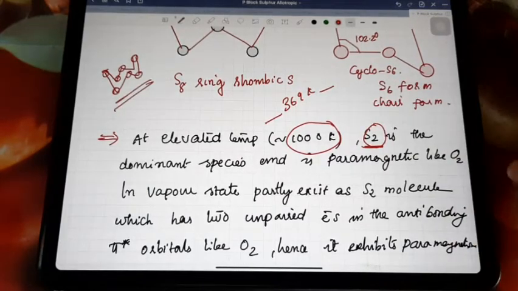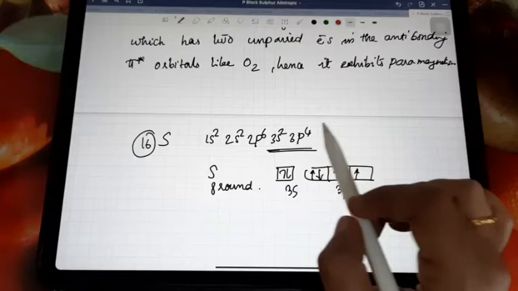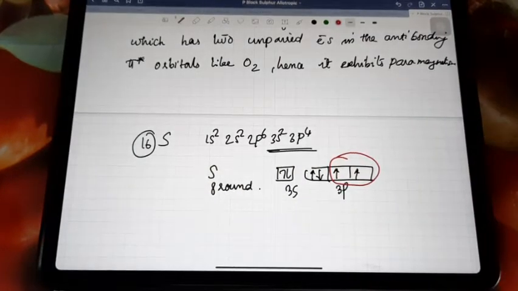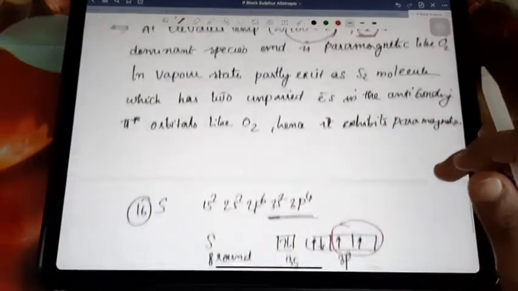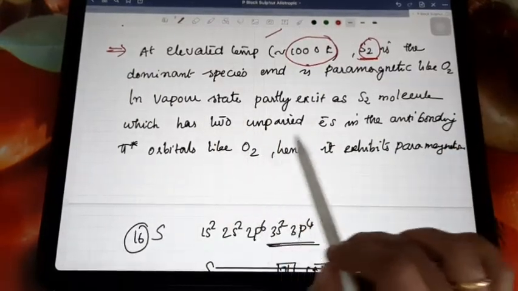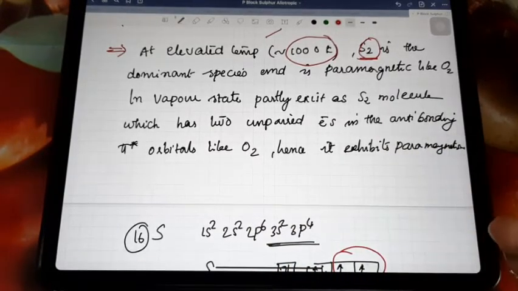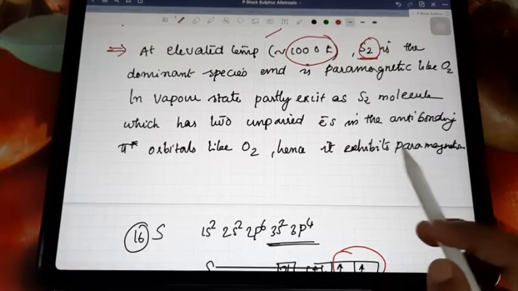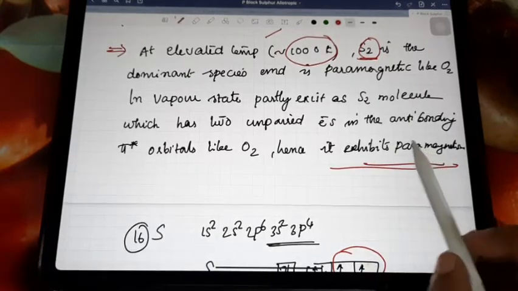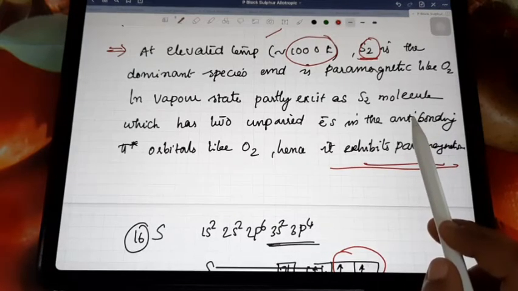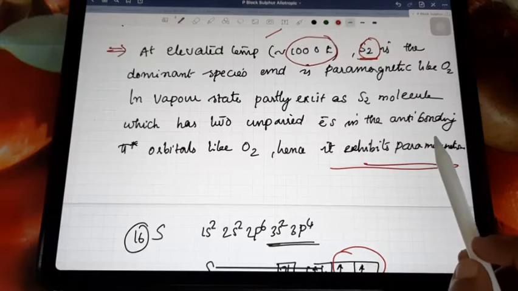Why is it paramagnetic? You know that sulfur has atomic number 16, and when we write the electronic configuration you can see 2 unpaired electrons. Because of the 2 unpaired electrons in the antibonding pi orbitals, like oxygen, when we draw the molecular orbital diagram of S2, as you know the O2 diagram, you can see that the antibonding molecular orbital, the pi star orbital, has 2 unpaired electrons.